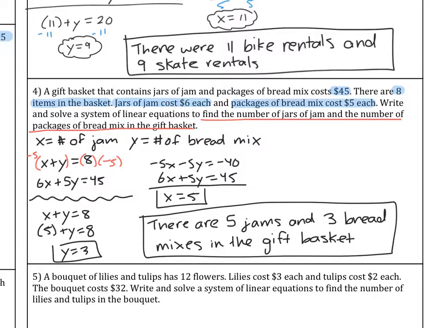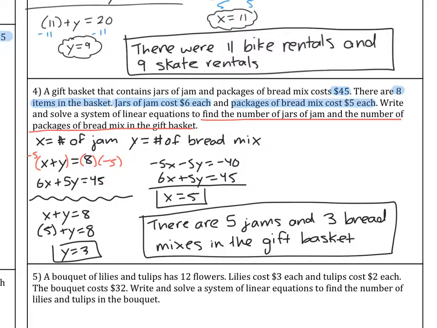Then I used the cost of the total gift basket and the individual costs. So I see that the gift basket cost $45. Some of that came from the cost of jams, which cost $6 each, so I said 6 times the number of jams. And some of that $45 came from the bread mix cost, so that's 5 times the number of bread mixes. So 6x plus 5y equals 45.